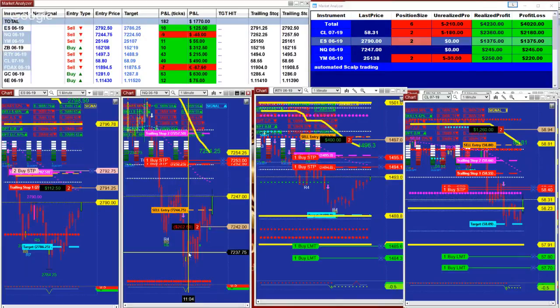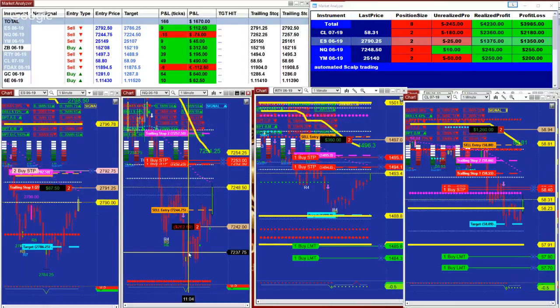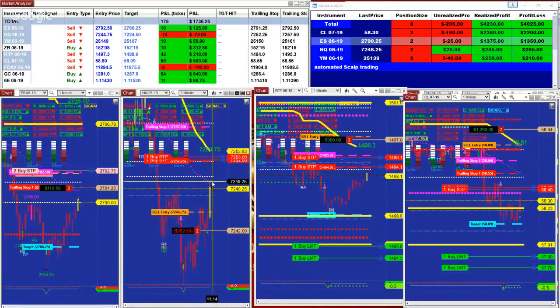So you can always, not just bang on the same signal once. There are a lot of times you will get pullback re-entries many times. Where is this Nasdaq?